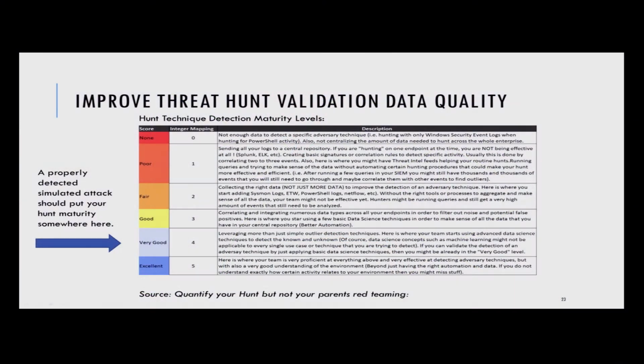You've seen these heat maps and maturity over time. This is a threat hunt technique detection maturity level. So through each technique that is hunted or tested, a properly simulated and detected attack should put you at a good or excellent level, 4 or 5 on a 0 to 5 scale.